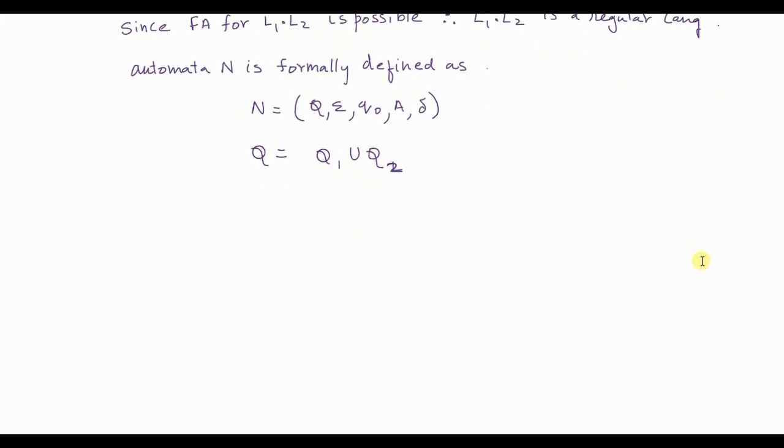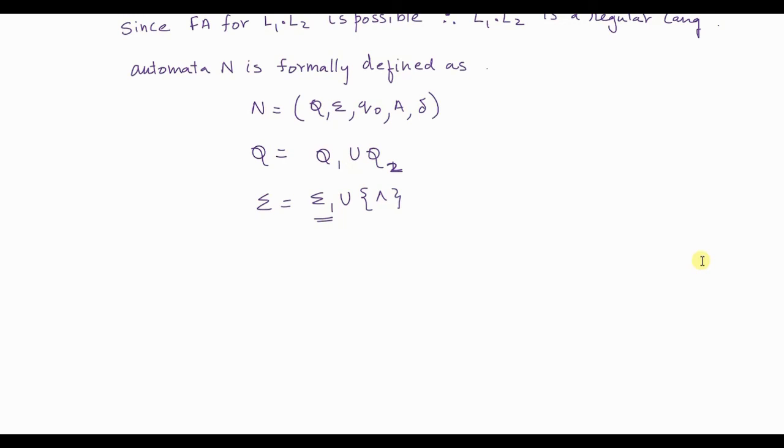Sigma is the input alphabet, so Sigma is Sigma 1 union null. Sigma 1 is the input alphabet of M1 and M2.